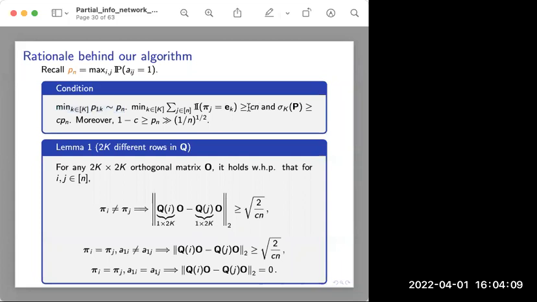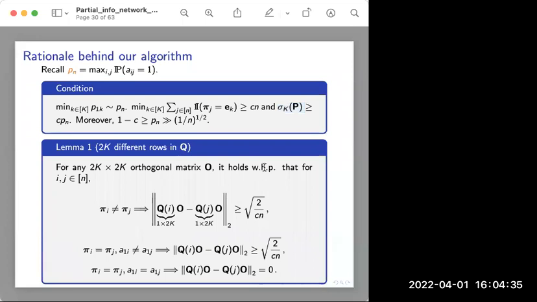We also need some constraints. This one is saying the community sizes are almost balanced, everything is of order n. And this one is saying the minimum eigenvalue of P needs to be bounded below by p_n. So just think of p_n as the edge density. And we also need a lower bound on the edge density.